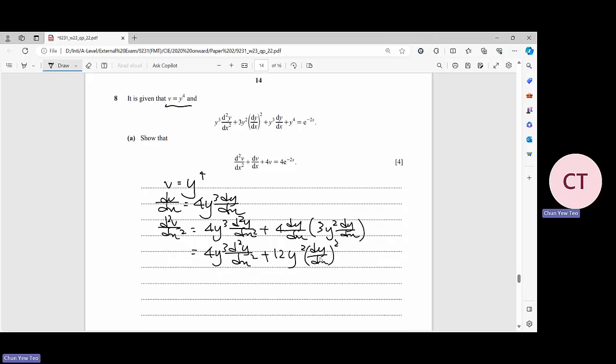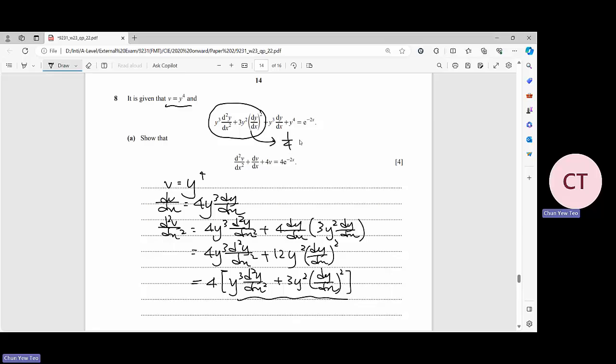Over here, you need to be more careful that if you take the 4 out, you have y cubed d square y dx squared plus 3y square dy dx squared. So you can see that this whole thing is the same as this. That means this one is going to become 1/4 of d square v dx squared. Then this whole thing over here is the same thing as over here.